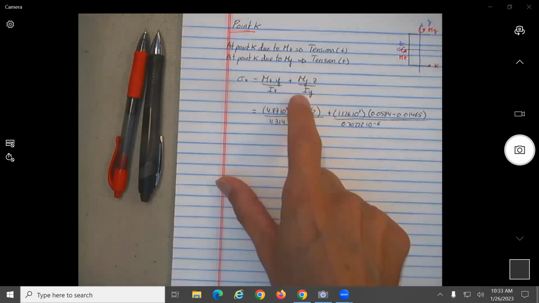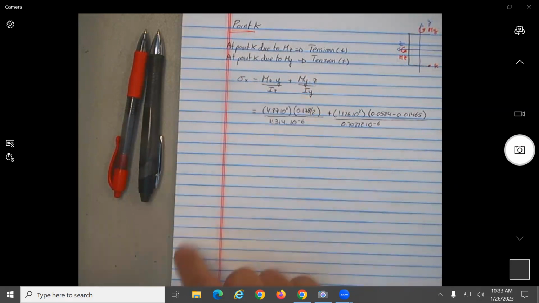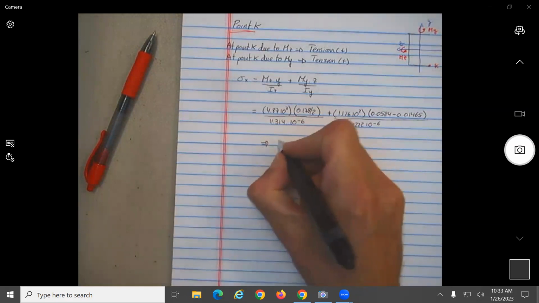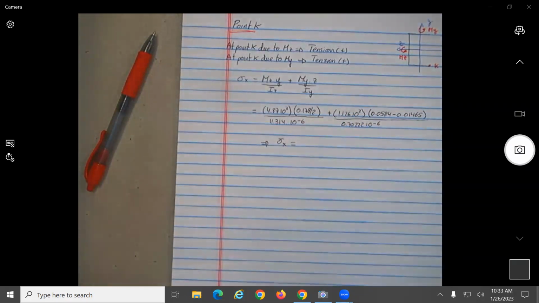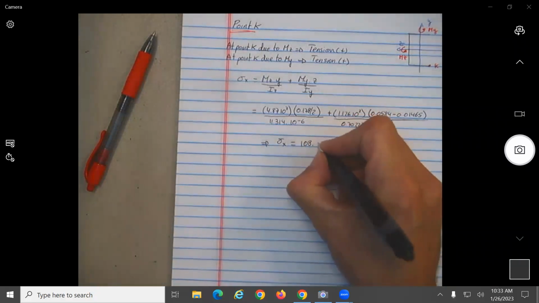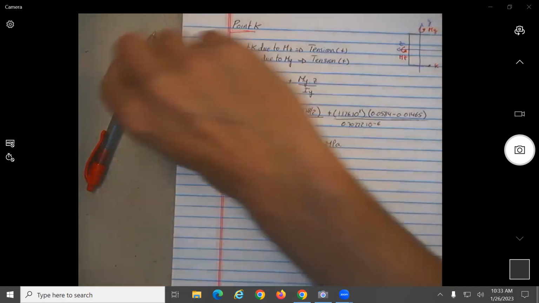Do you understand what we are discussing here? Everybody? Okay. So both should be positive. If you do the calculation, this gives you sigma x equal to 108.4 megapascals.